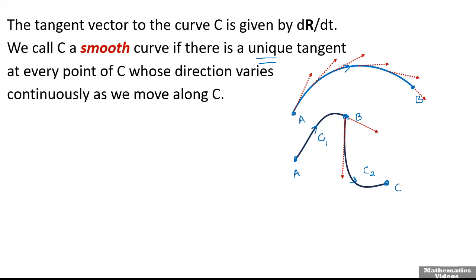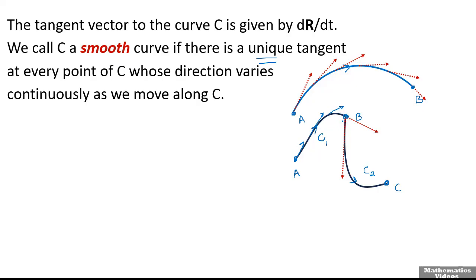As we move from point A up to B, the tangent vector will definitely change its direction in a continuous sense. But as soon as we reach the point B and cross it, it suddenly changes its direction.